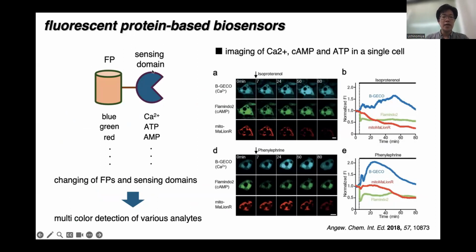And they expressed these biosensors in a single cell at the same time and conducted live cell imaging of these targets. So like this, fluorescent protein can be applicable for biosensing of analytes.